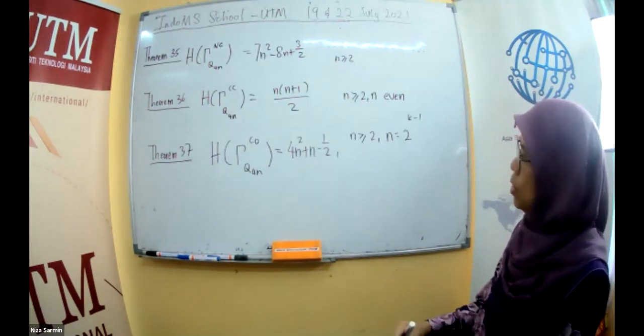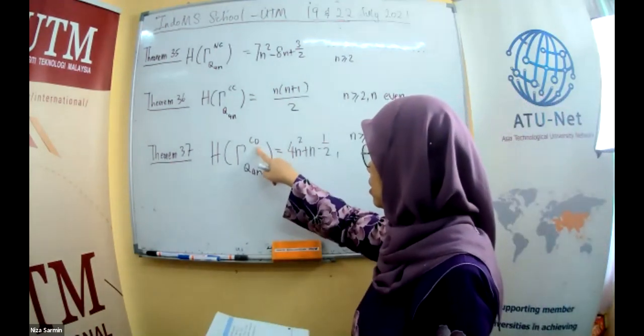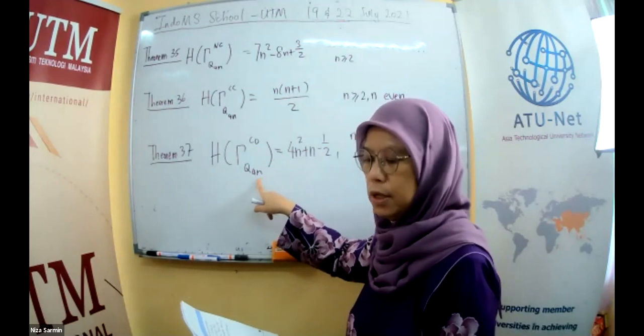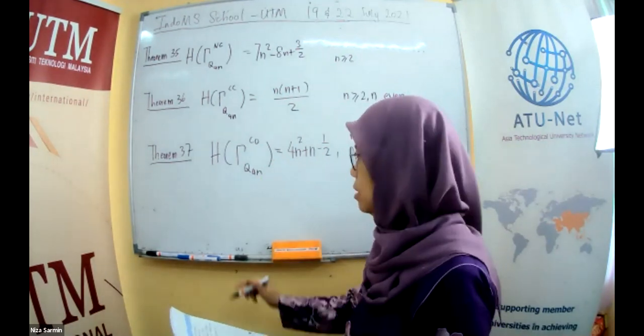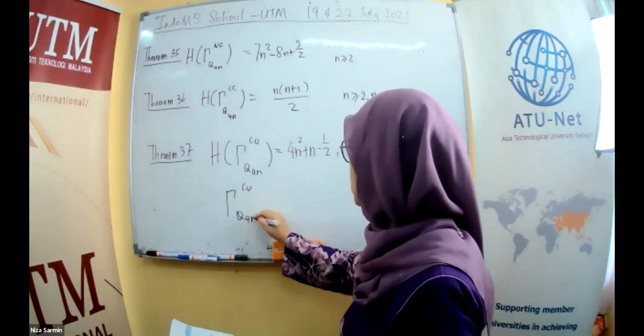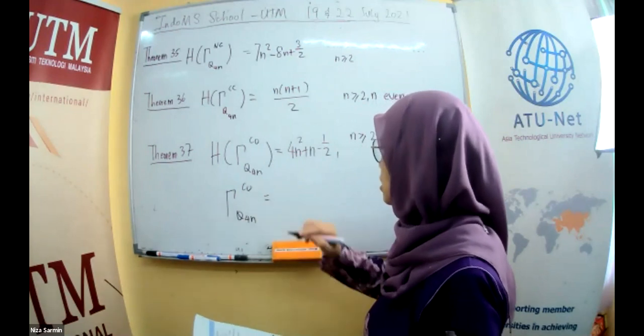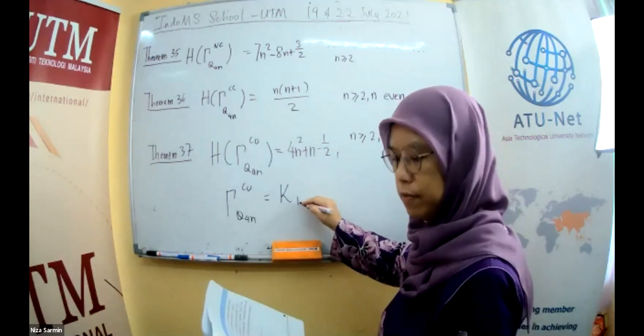Now, how do we get this? The co-prime graph of the generalized quaternion group is a complete bipartite graph. Okay, so the co-prime graph of the generalized quaternion group is the complete bipartite graph.